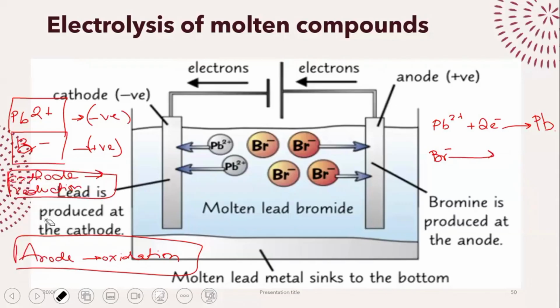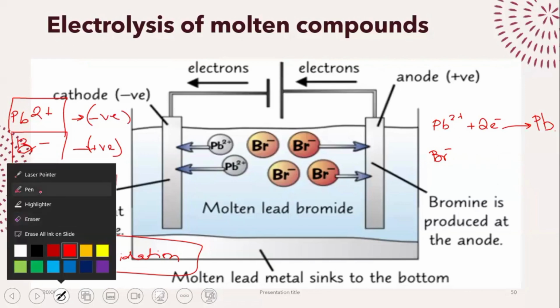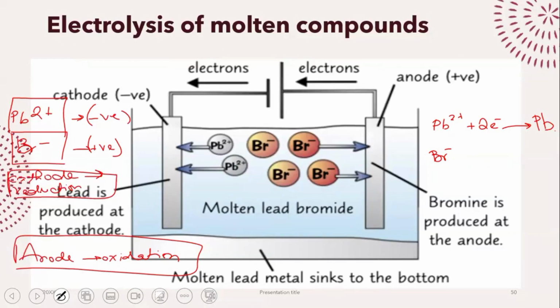Another tidbit: if you have trouble making these half equations, you can write it down like this. Bromide will lose electrons and give you bromine gas. This equation is technically correct, but in the exams, it's not very nice to write electrons with a negative sign.